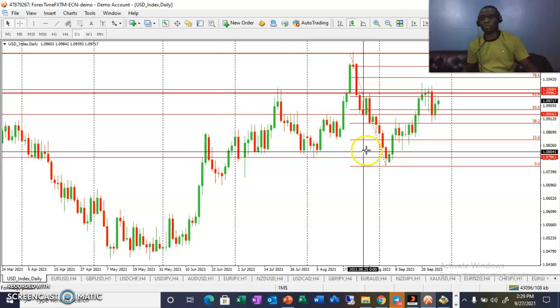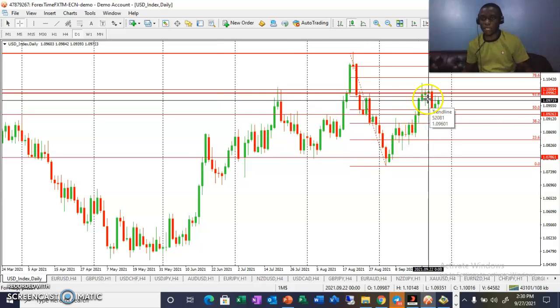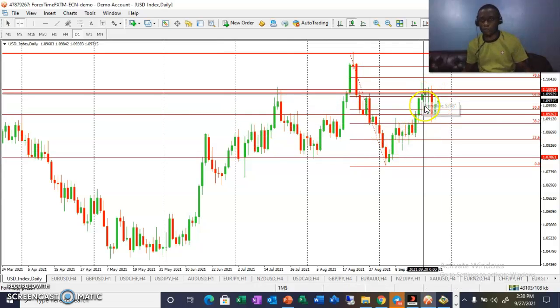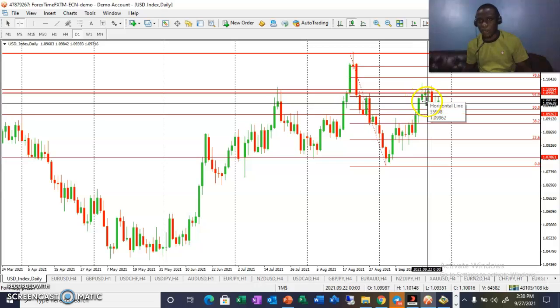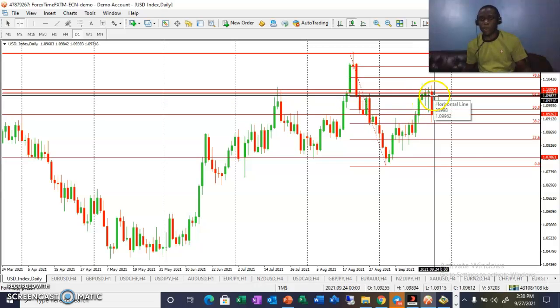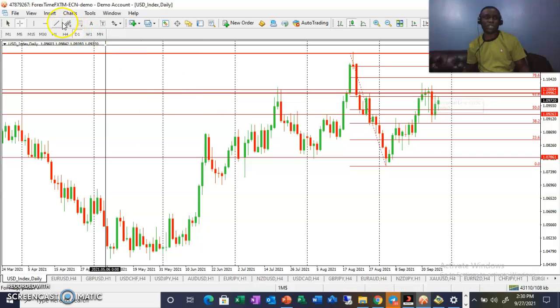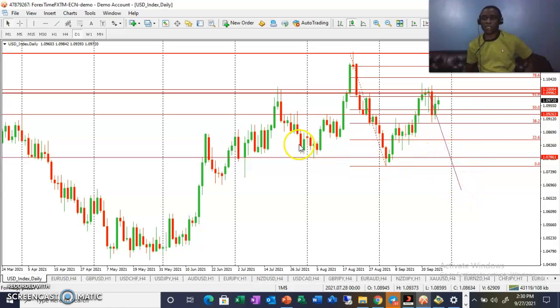Last week the dollar was a ranging market, but from here we can see that there is a bearish engulfing bar. So most likely the structure for the dollar is giving a bearish movement, and we expect the dollar to get weak this week and in days to come.